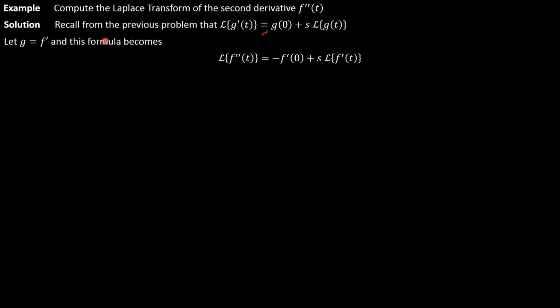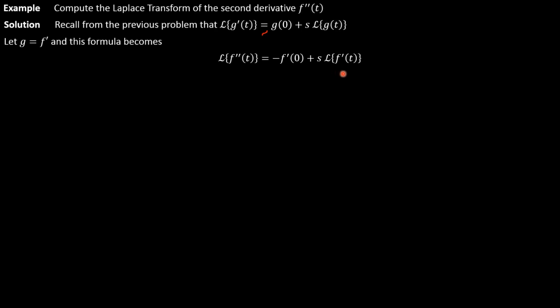Then I said, suppose g were equal to the derivative of f, then g prime would be the second derivative of f. So, substituting f prime for g, we end up with a formula for the second derivative of f. Kind of clever, if you can follow. So substituting g equals f prime throughout this expression gives us this equation.